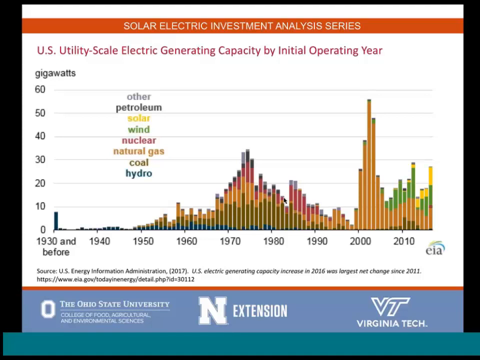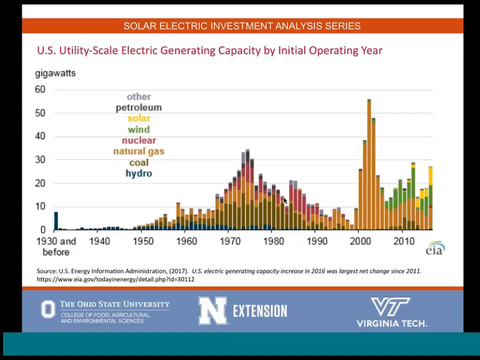In 2016, the U.S. had 7.7 gigawatts of utility-scale solar capacity additions. I point out utility-scale because, in addition to that and not illustrated in this chart, there's an additional 3.4 gigawatts of distributed solar additions.